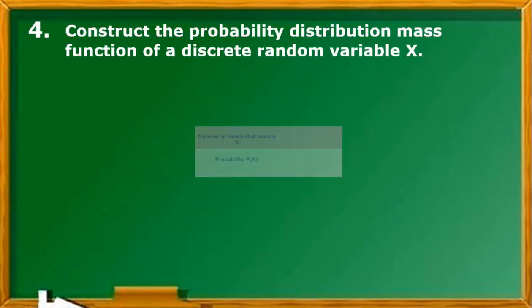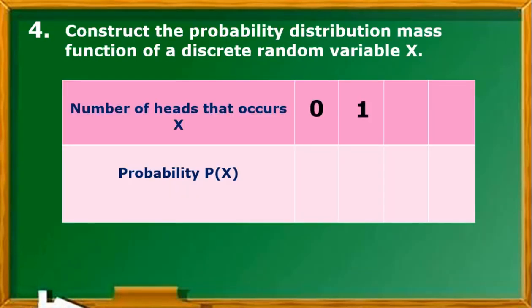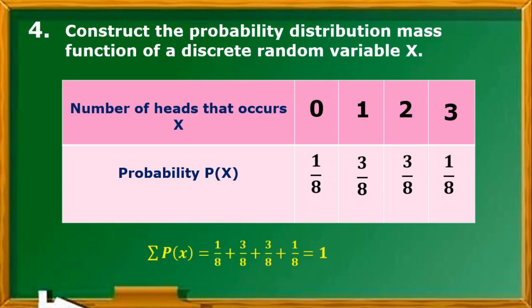And of course, we have to construct the probability distribution function of a discrete random variable X. Then it's similar to the example 1 that we had discussed earlier. And the sum of the probabilities is equal to 1. And take note that the probabilities here are between 0 and 1.